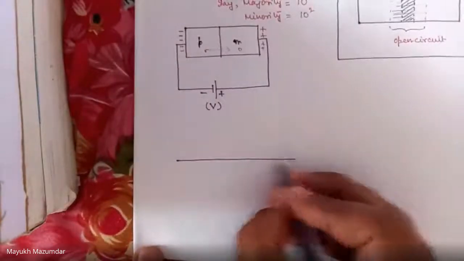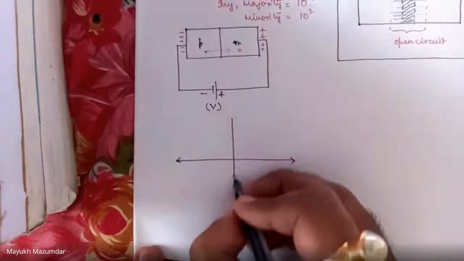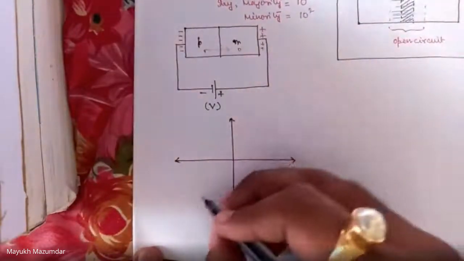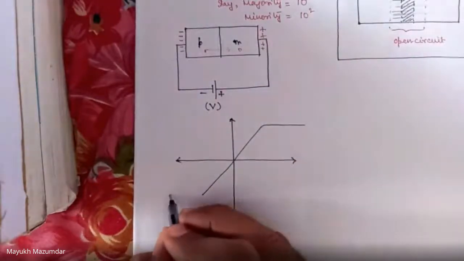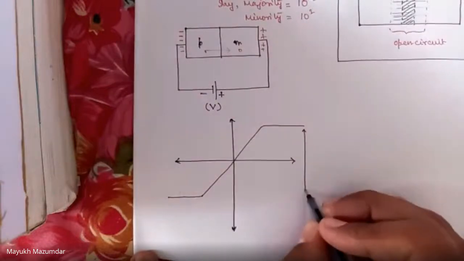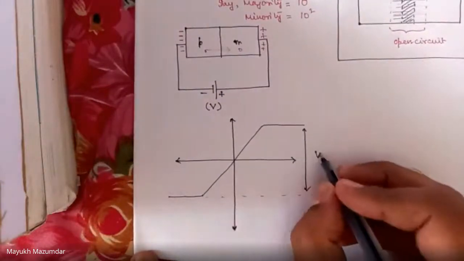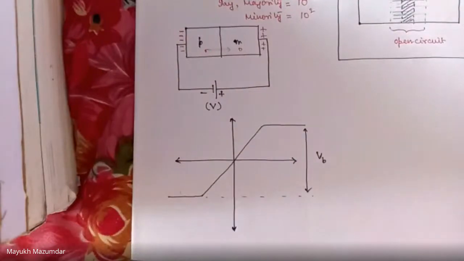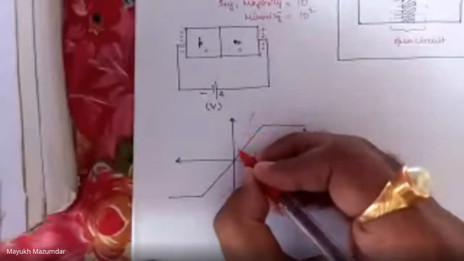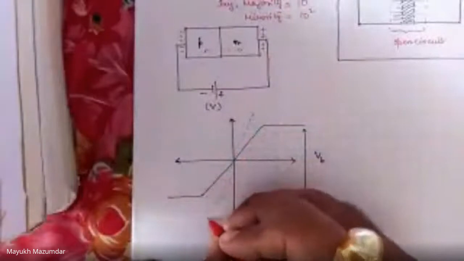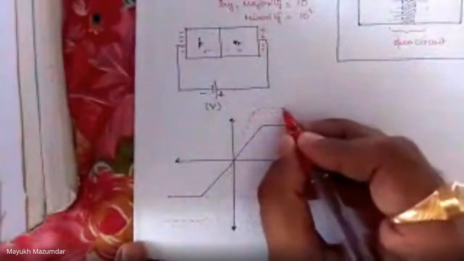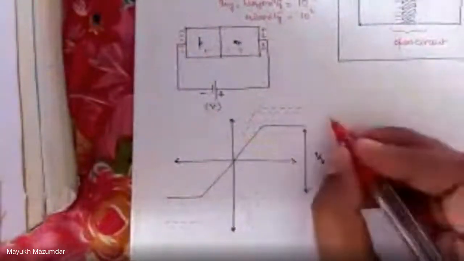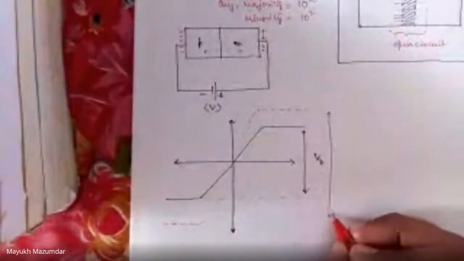Since the majority carriers now have no ease to move down the depletion region, this height, the barrier potential height, has increased.